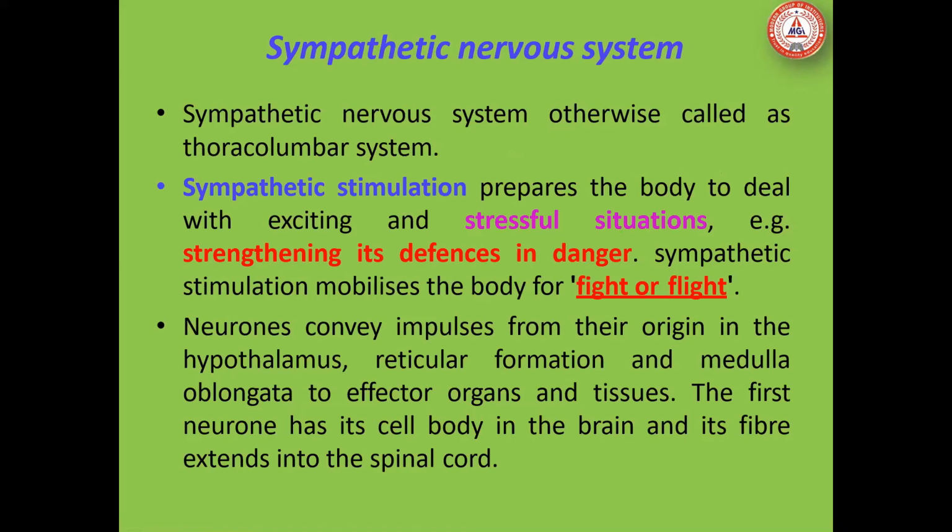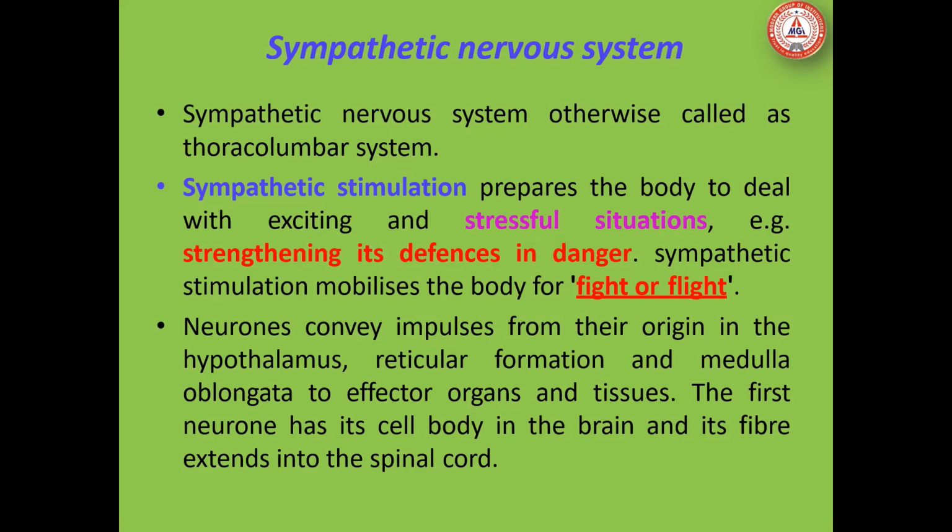Now, first we discuss the sympathetic nervous system. The sympathetic nervous system is also termed the thoracolumbar system or thoracolumbar outflow. The sympathetic stimulation prepares the body to deal with exciting and stressful situations, for example, strengthening its defense in danger.